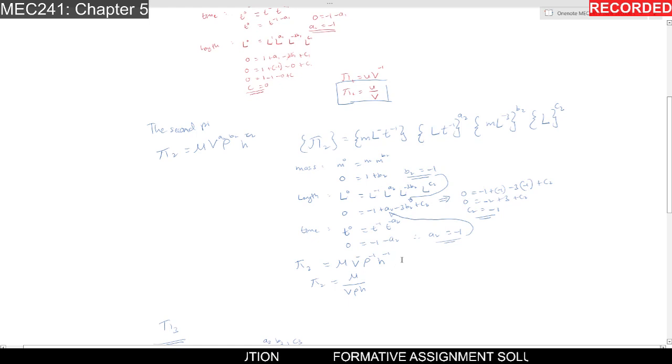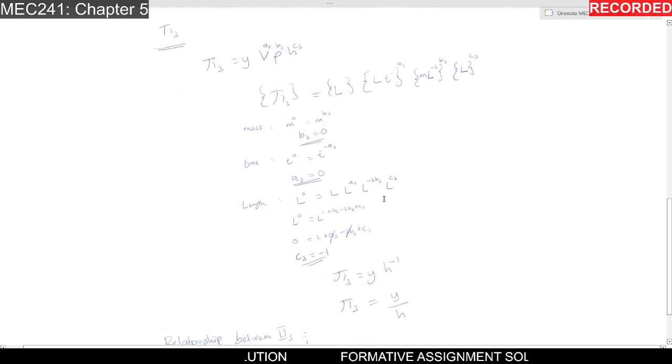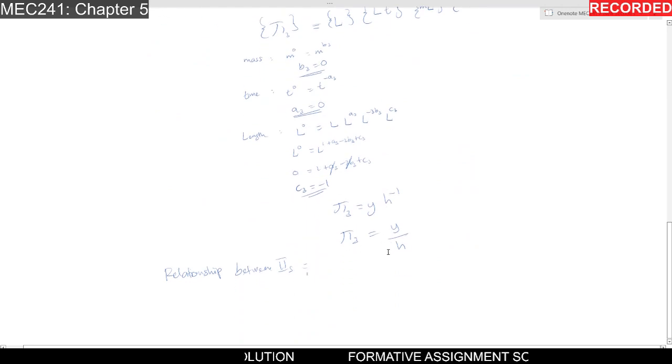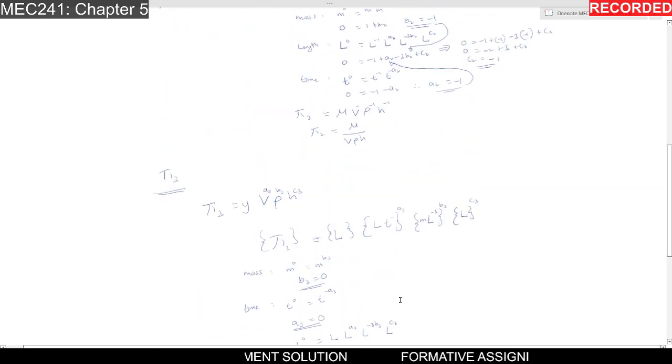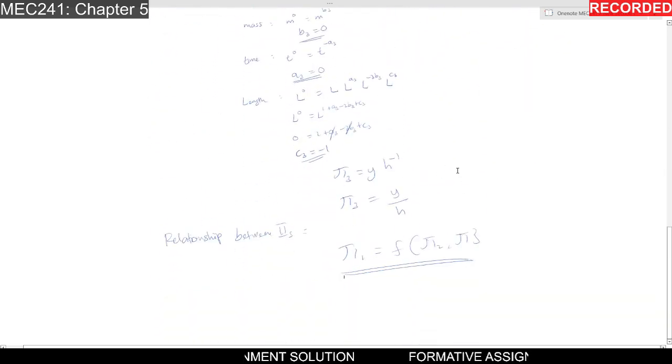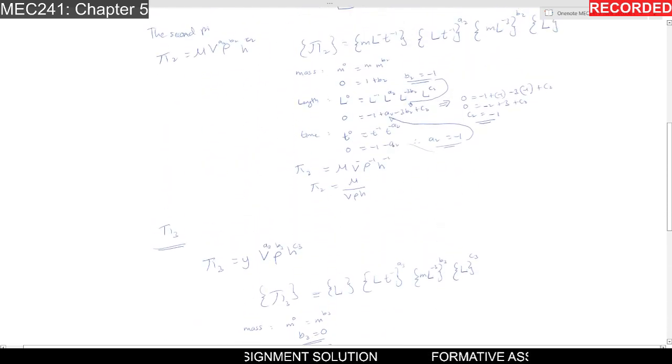So finally we will have to write that the function of pi 1 equal to the function of pi 2, pi 3, right? So this is what we are going to write. So pi 1 there is u over v. So u over v equal to the function of, okay, pi 2, here is the Reynolds number formula.